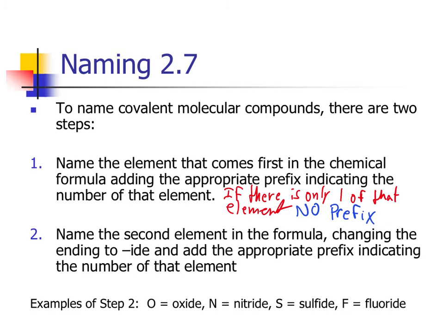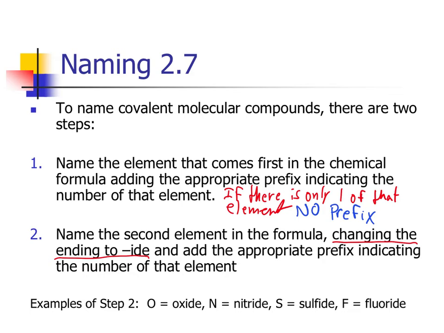That's an important thing. If there is only one of the first element, no prefix. The second step is to name the second element in the formula, changing the ending to IDE, and then adding the appropriate prefix to indicate the number of that element.